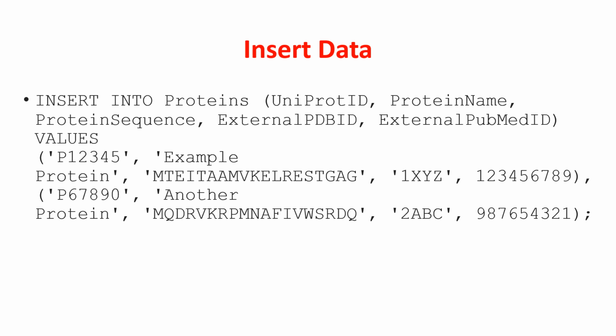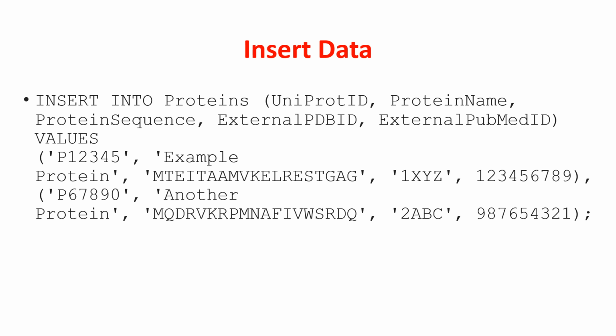Then if you want to use the insert data command, we can use it just as we use it in creating an SQL table. Now, we want to use the insert data command just like previously. We type the insert command, INSERT INTO. Then the name in this case is proteins.